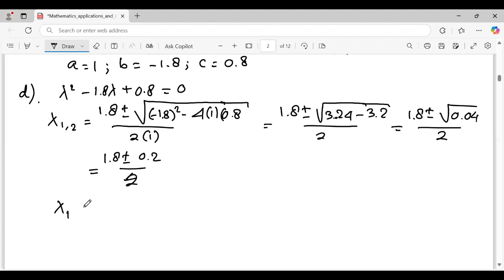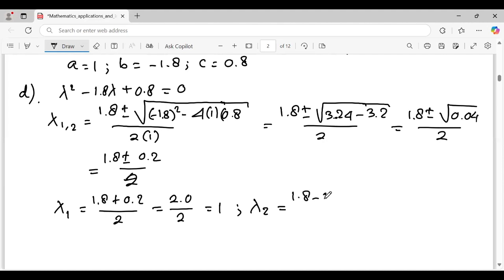So the first lambda is 1.8 plus 0.2 divided by 2, which is 2.0 divided by 2, equal to 1. And the second lambda is 1.8 minus 0.2 divided by 2, which is 1.6 divided by 2, equals 0.8.